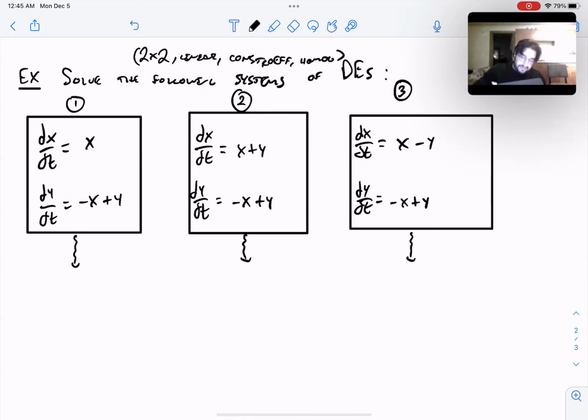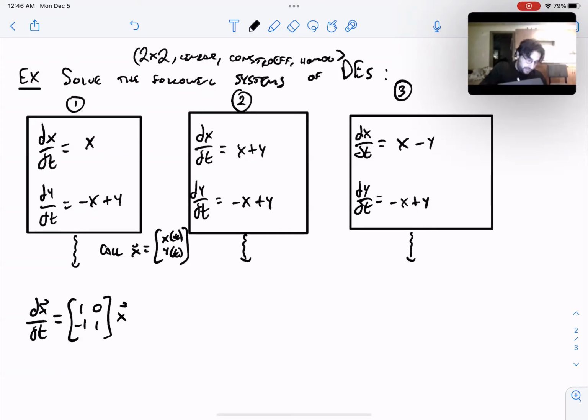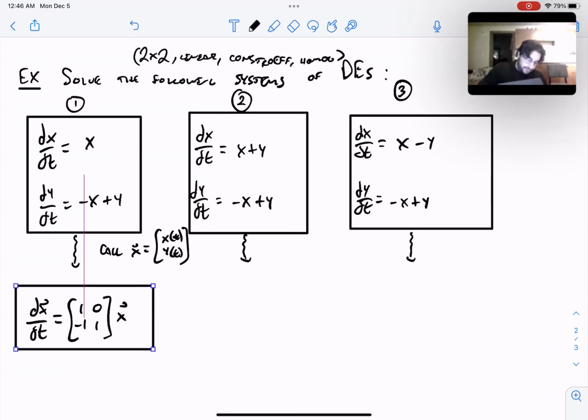So what's so special about linear, homogeneous, constant coefficient? Well, all of those can be rewritten in matrix vector form. So for all of these, call vector x our vector of unknown functions, x of t, y of t, and then you can rewrite all of these in matrix vector form. So this is dx/dt equals [1, 0; -1, 1] x, the equivalent matrix problem.